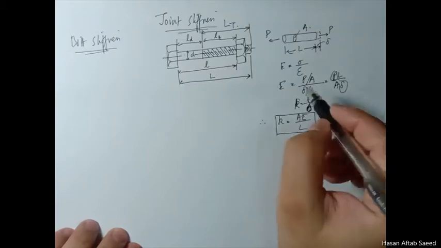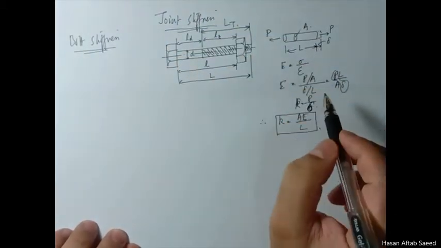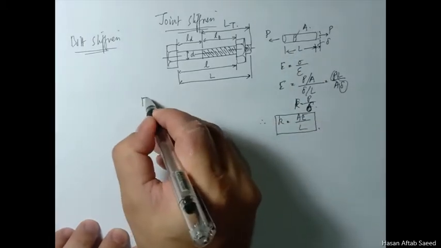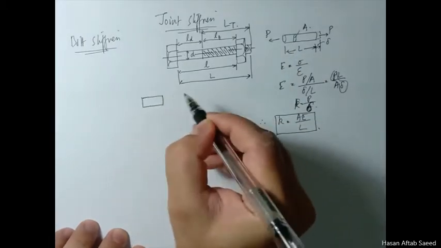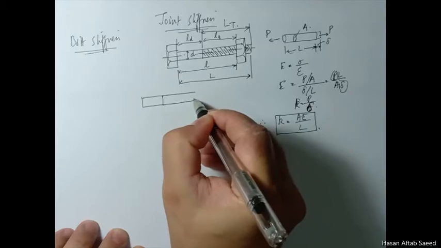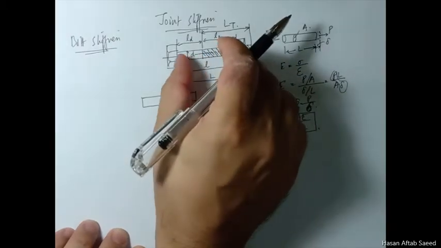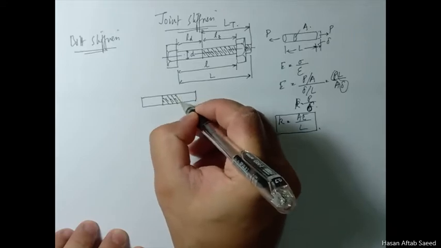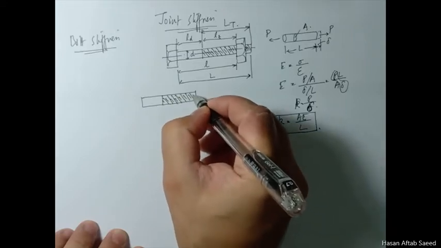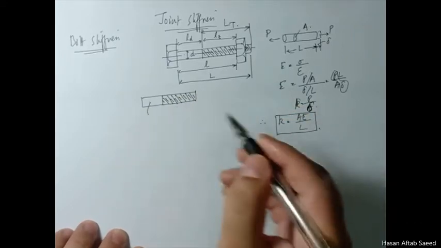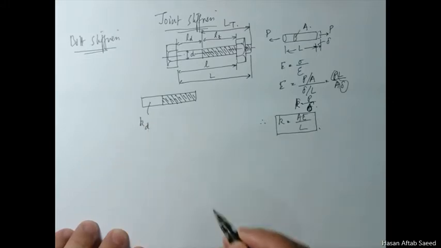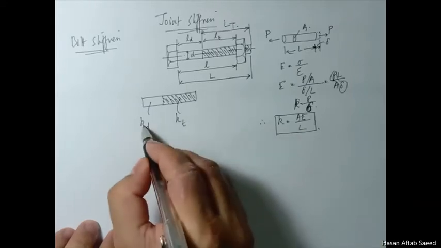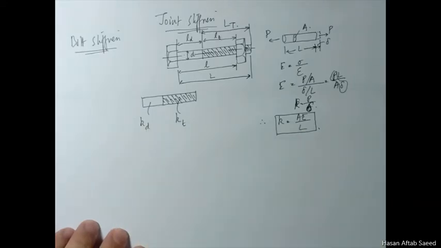Now, because our problem is a combination of two bars in series, this is the unthreaded part, this is the threaded part, because whatever is happening inside. So you have this sort of a situation. Now there will be a KD here, there will be a KT here, unthreaded part, threaded part.